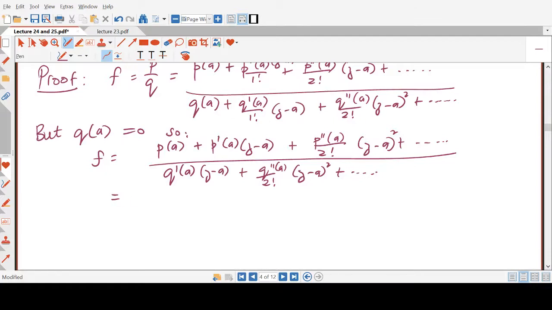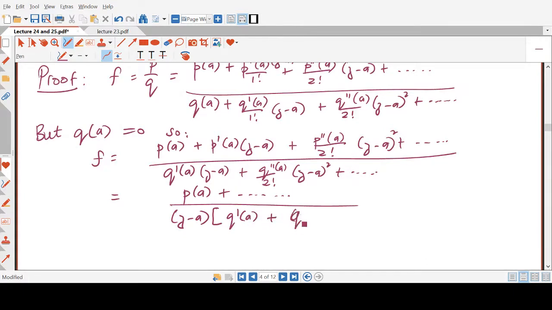On the top you have p of a plus all that stuff. At the bottom you can take out z minus a as a common factor and get q dash of a plus q double dash of a over 2 factorial, z minus a, plus all the stuff there.